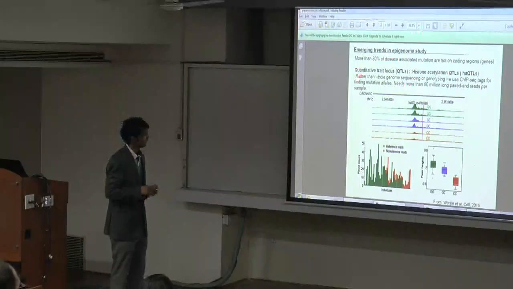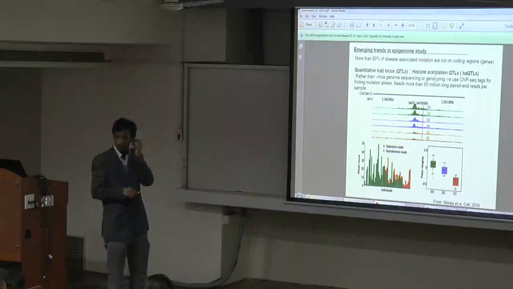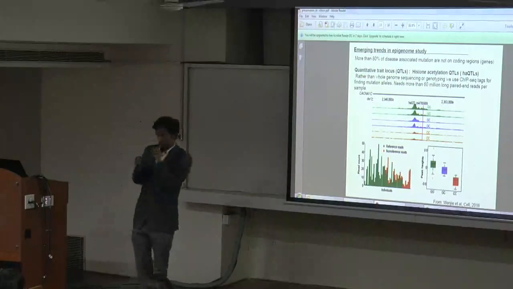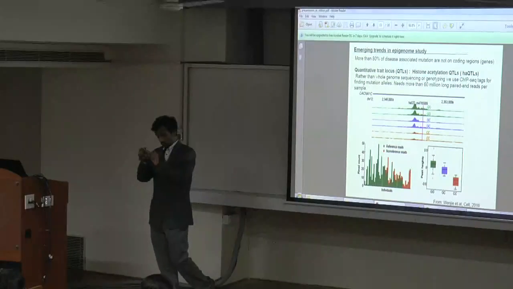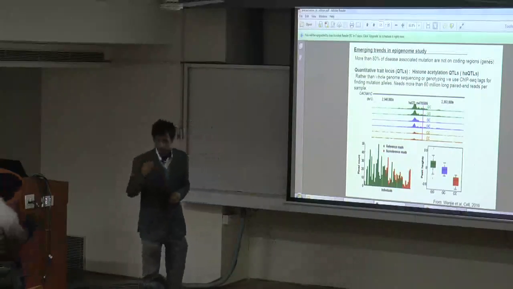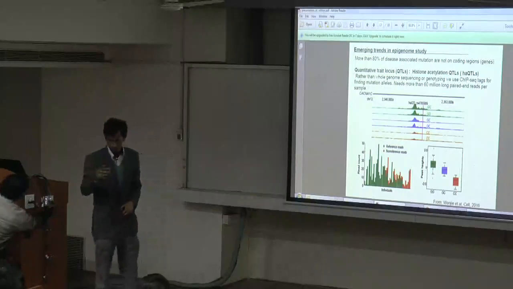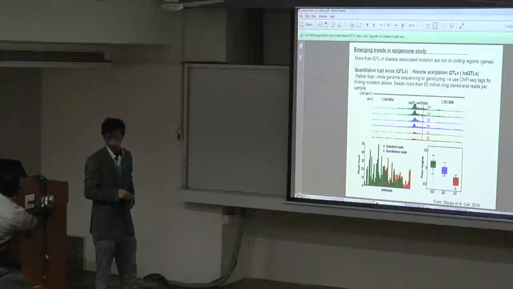So there is a concept called quantitative trait loci. When we detect a mutation, we have the genome sequence, and every nucleotide is present in 2 forms. So there are 2 copies of DNA in our genome. When they have the same allele, we call it homozygous. When they have different alleles, it is called heterozygous.